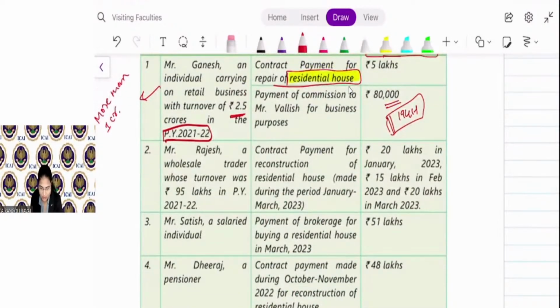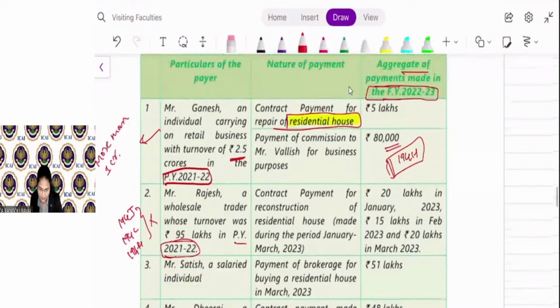Mr. Rajesh, a wholesale trader whose turnover was 95 lakh in previous year 21-22. So in previous year 21-22, the turnover of Mr. Rajesh is less than 1 crore. So section 194J, 194C, 194H is not applicable. Okay, so let us see which kind of payment he has made.